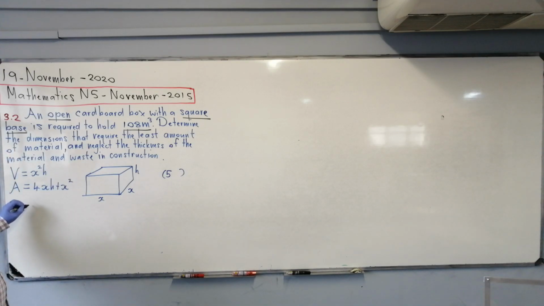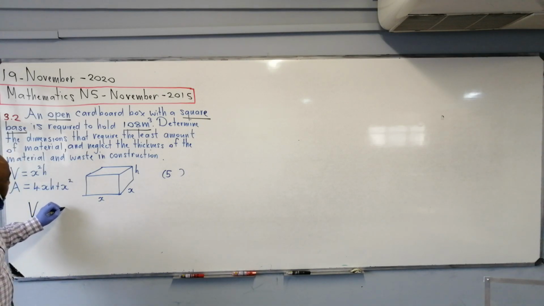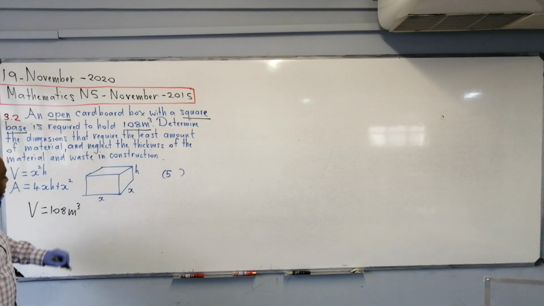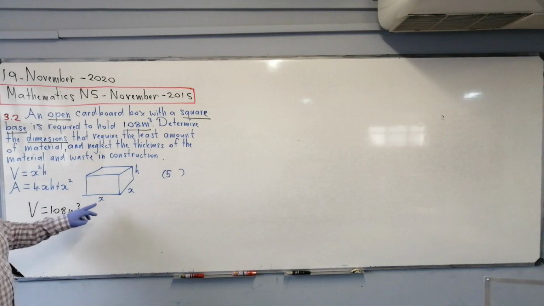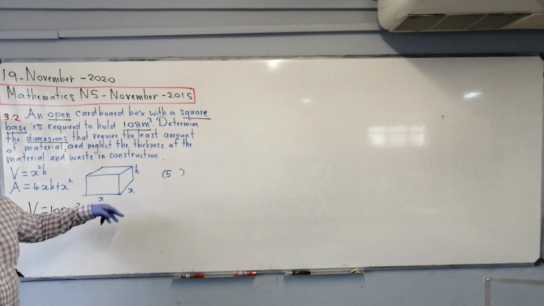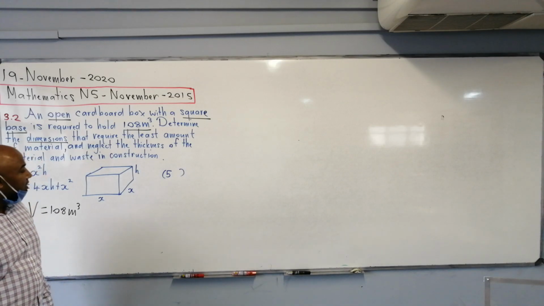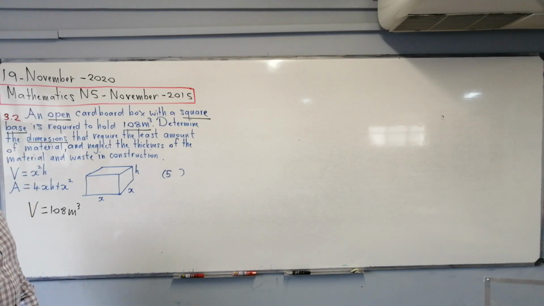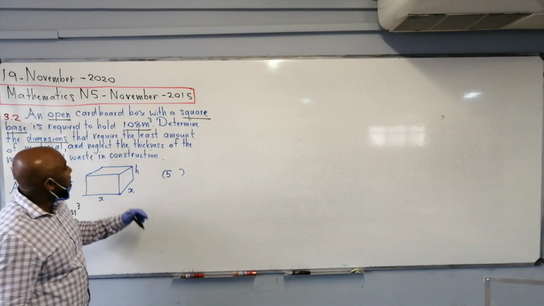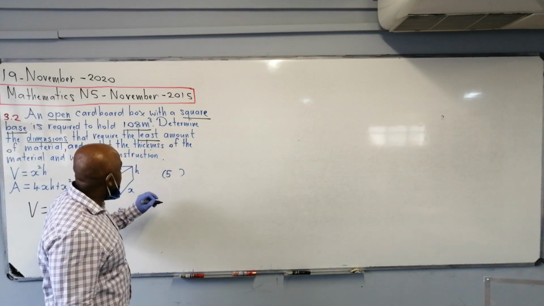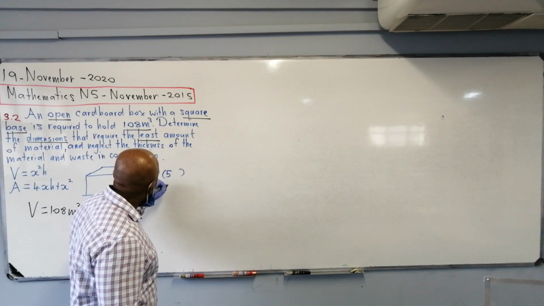It is required to hold 108 cubic meters. So what does that mean? It means my volume is equal to 108 cubic meters. Determine the dimensions, that means determine the length of the sides and the height that require the least. Least is a key word there.